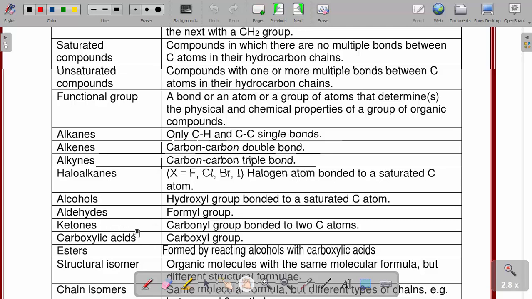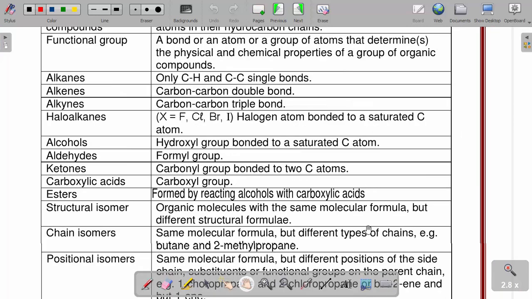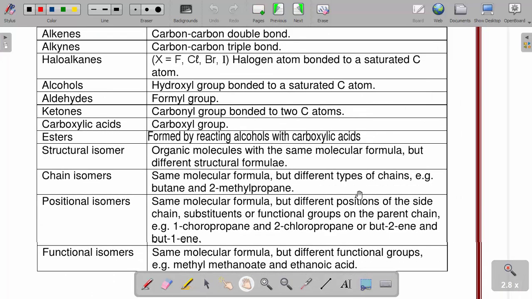Then with the ketones, we have a carbonyl group bonded to two carbon atoms. And then the carboxylic acids, they have a carboxyl group. And then esters, they are formed by reacting alcohols with what? Carboxylic acids. More definitions here for you to understand this topic, because it carries approximately 33 marks, approximately 33% out of the paper. So it has a lot of marks.